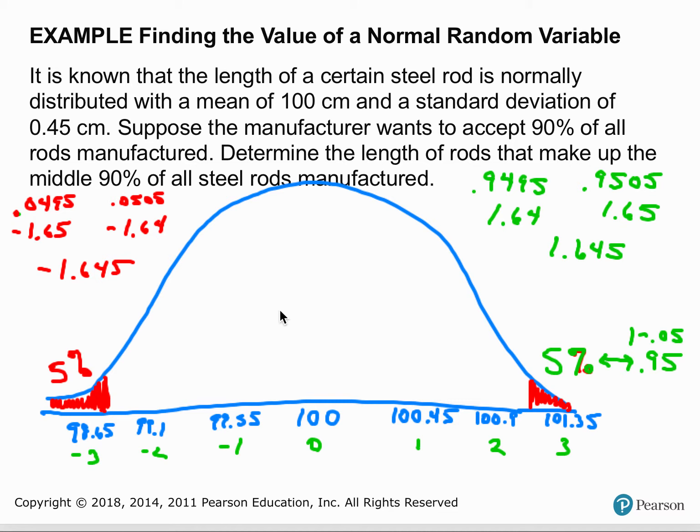Let's say x sub 1 is going to be my mean, 100, plus negative 1.645 times... let me see.